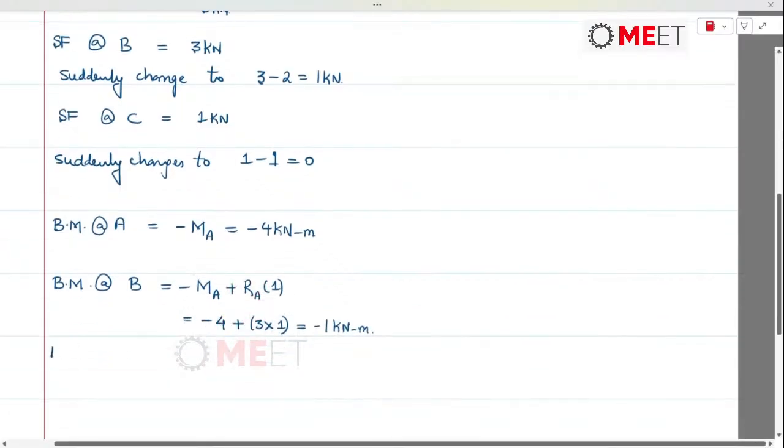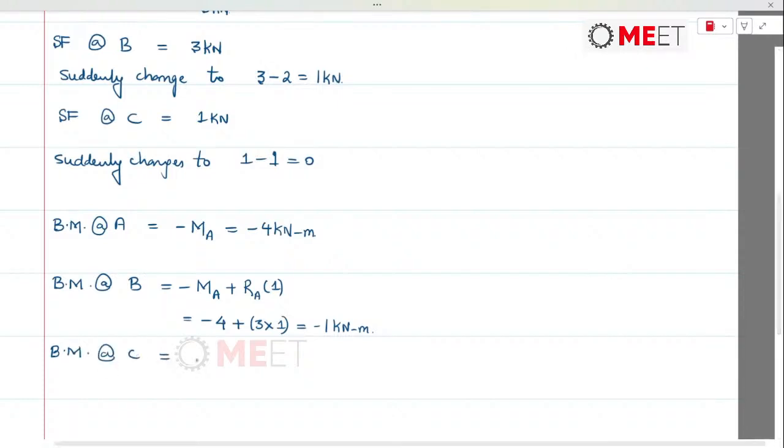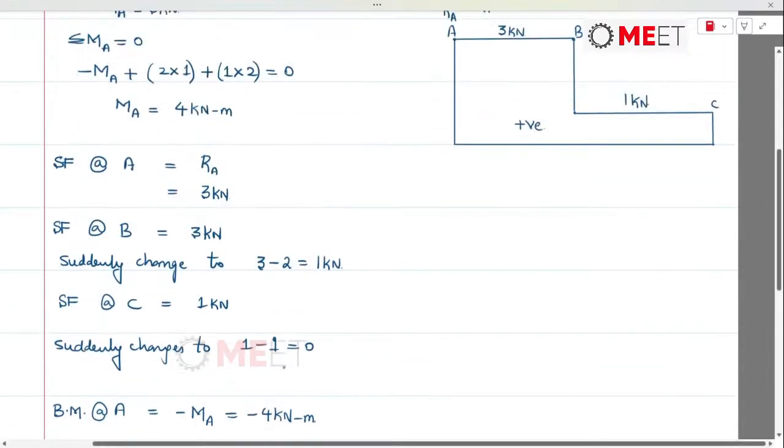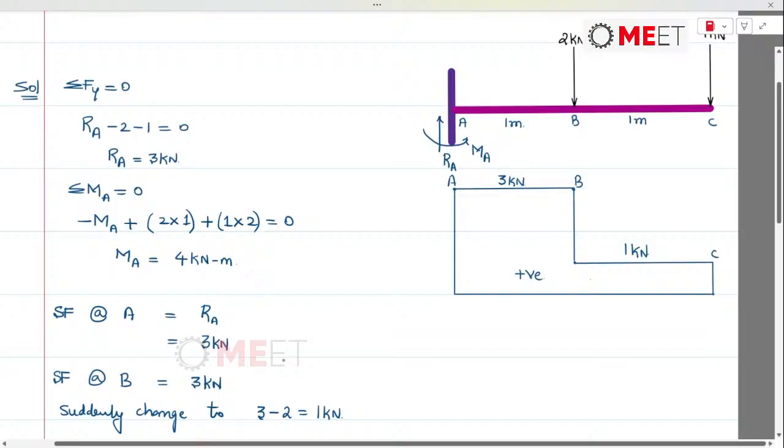Same way, if we compute the bending moment at C, it will be minus Ma plus Ra. How far is Ra from the point C? It's 2 meters.